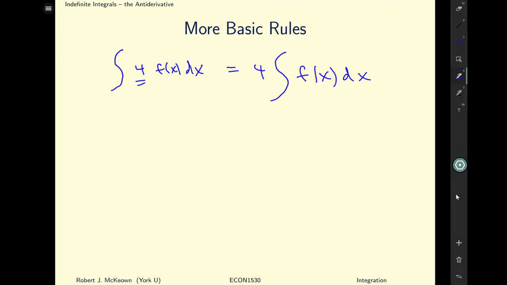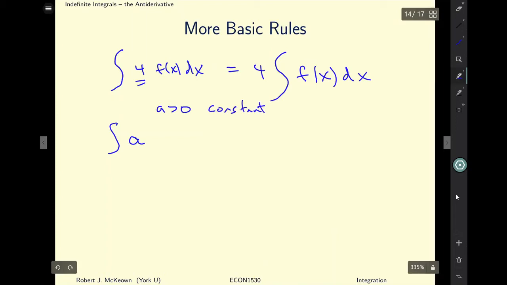Formally, we could write it like this, a, where a is a constant. It doesn't have to be positive. Maybe I'll take that out and just say a is some constant.